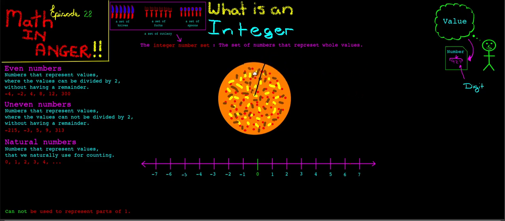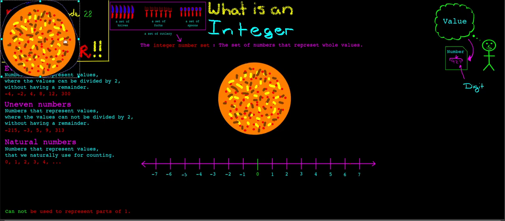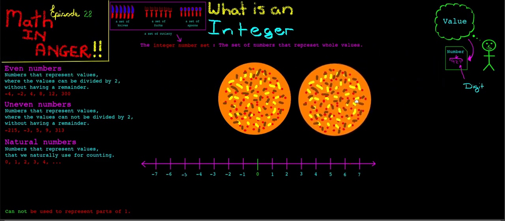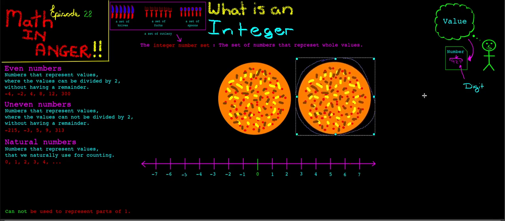And the same thing happens when you do this. Now that is two pizzas. But what is that? What is this then?